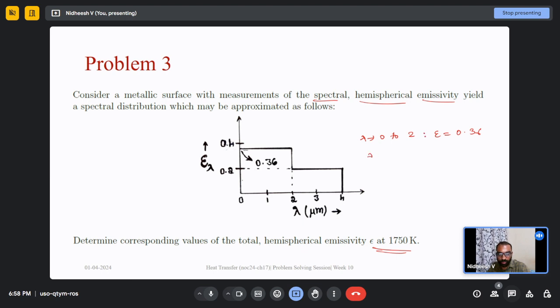And when lambda goes from 2 to 4, the emissivity is 0.2, and when lambda is greater than 4, emissivity is 0. This is clear, right? From the given spectral distribution.